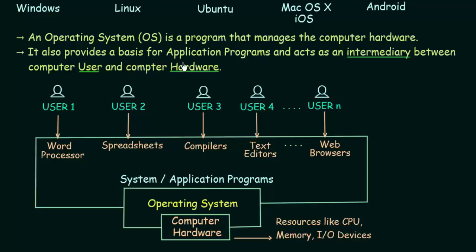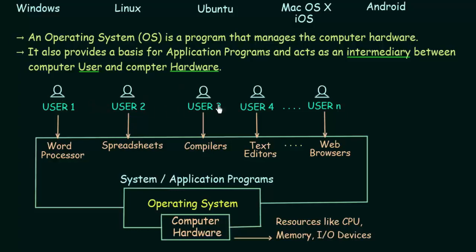So it provides a basis for the application programs. Here we have our application programs, and they are installed on the operating system. It provides a base for the application programs, and also it acts as an intermediary between the computer user and the computer hardware.